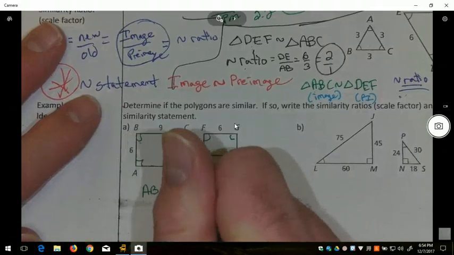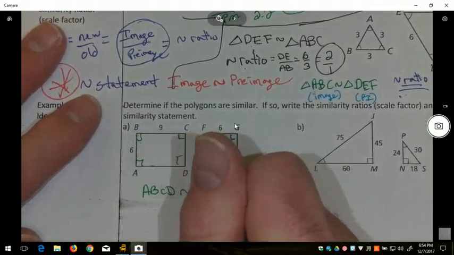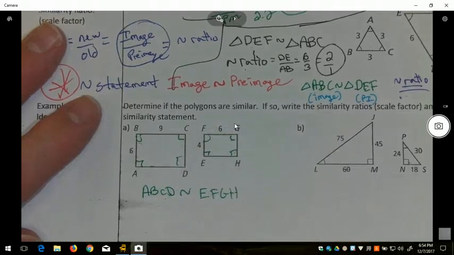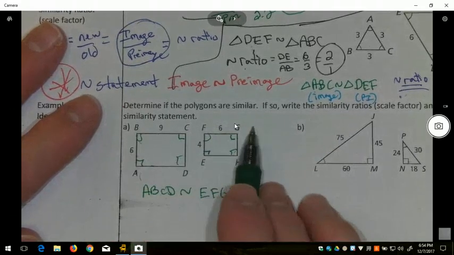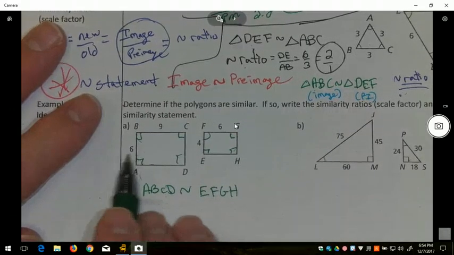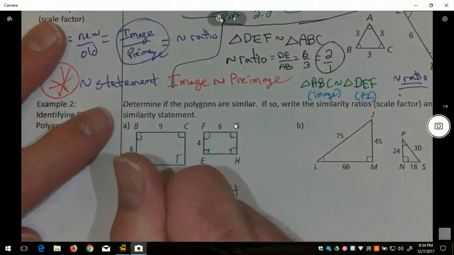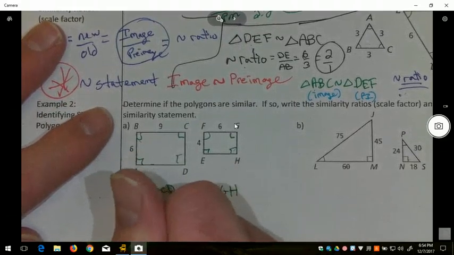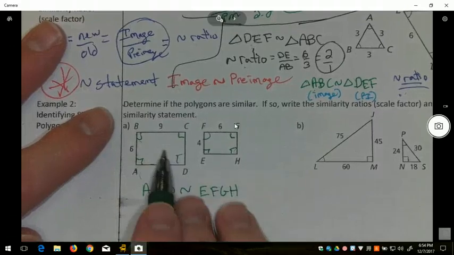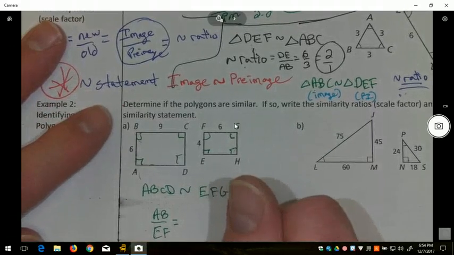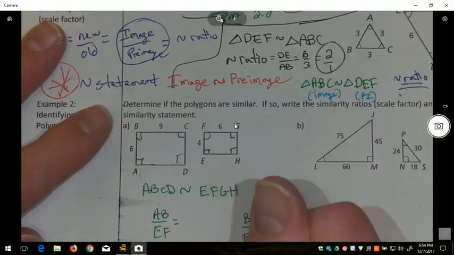If I were treating ABCD as a quadrilateral being similar to quadrilateral EFGH, I went around this way, so that 6 and 4's ratio, AB over EF, should be the same as BC over FG.